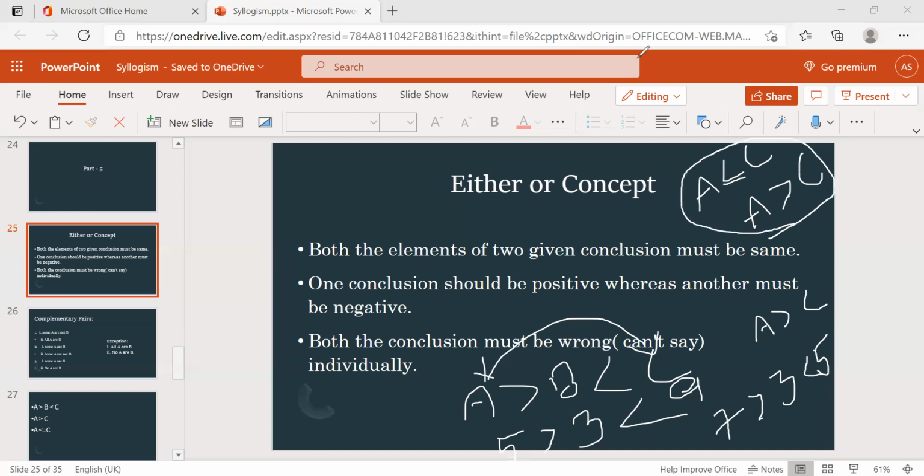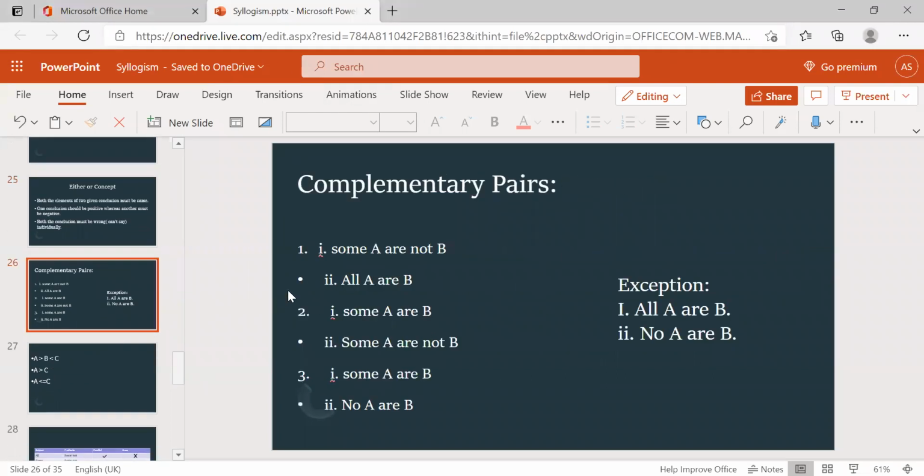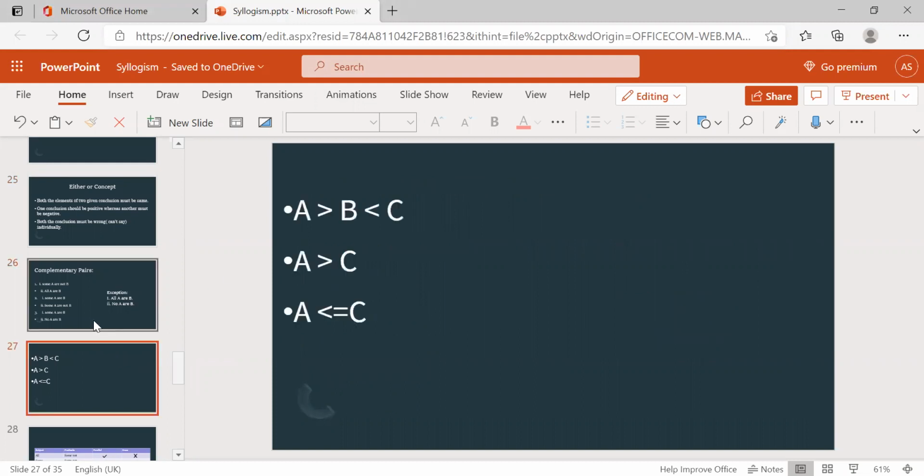So for this, both statements individually must be wrong. It is a very important thing in the either-or concept. We already checked complementary pairs also, and I gave the example of this one.